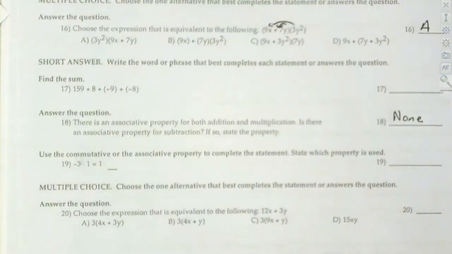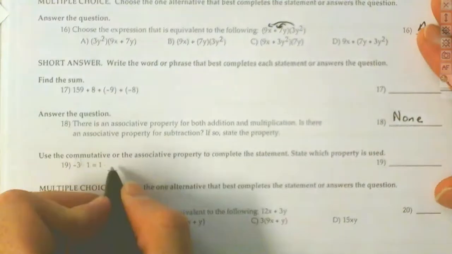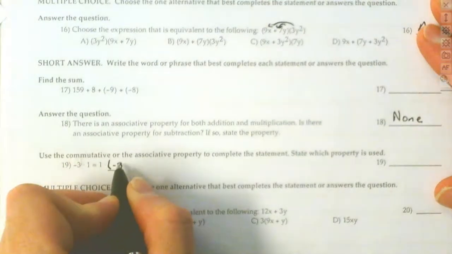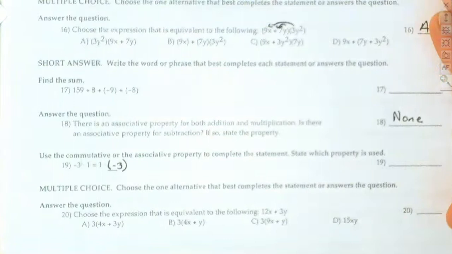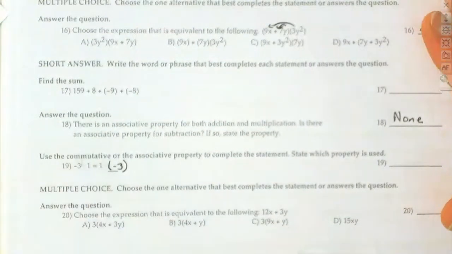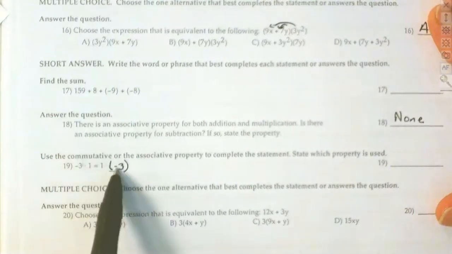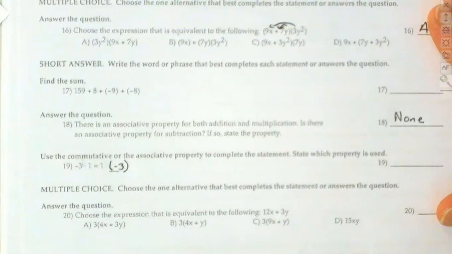What about 19 here? Which property would that one be? It says use the commutative or the associative property to complete it. What would go here? -3, right? Okay, and what property did I use here? Look at the left and compare it to the right-hand side. Am I switching the order?